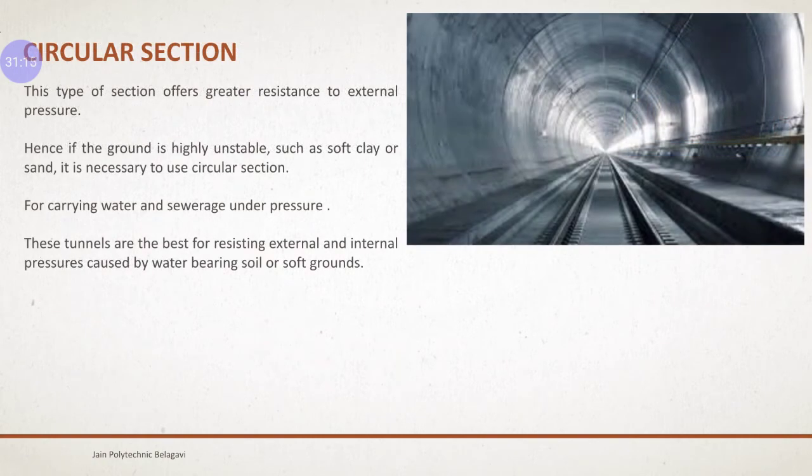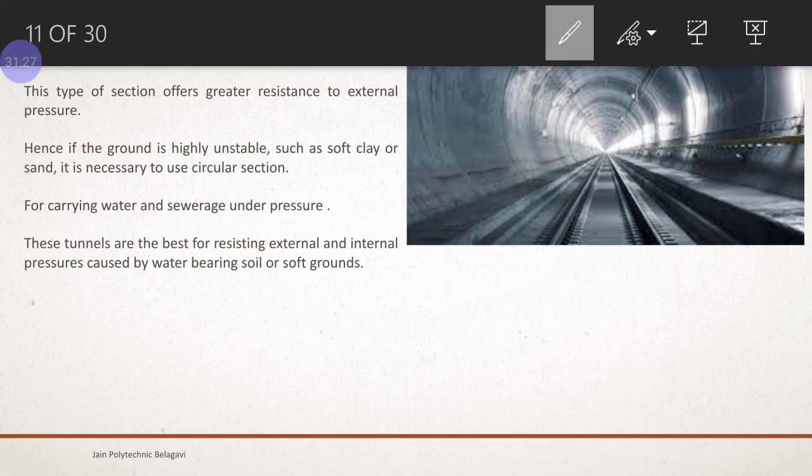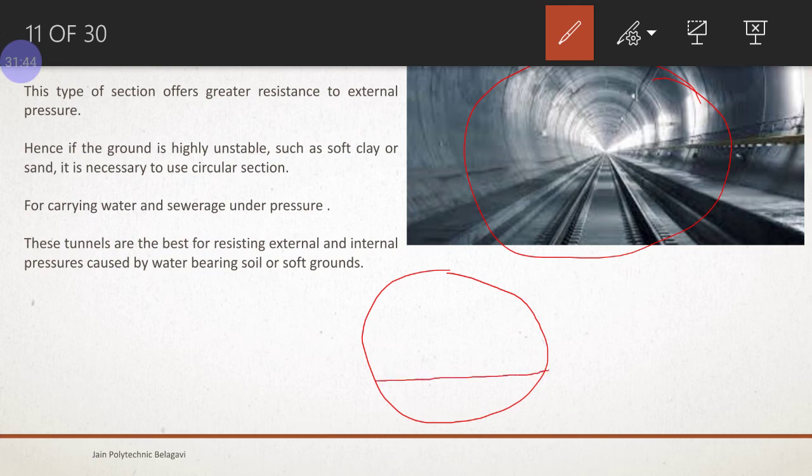The first one, circular section. This is a section shape which is circular. You can see here, the whole section is circular in shape, but to allow the passage, we fill up here like this with concrete, and we provide the road or railway passage like this.